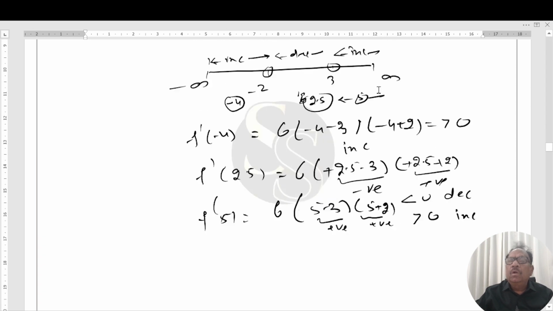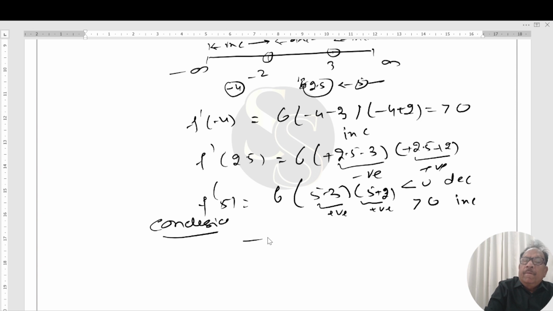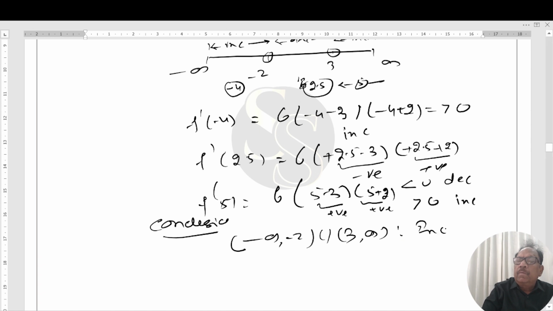Now, we have concluded: moving from left to right, mark the critical points, pick up any value in the interval, put it in f dash x, decide the sign. After deciding the sign, we have to conclude the answer. So what will the conclusion be? Minus infinity to minus 2 union 3 to infinity, it is increasing.